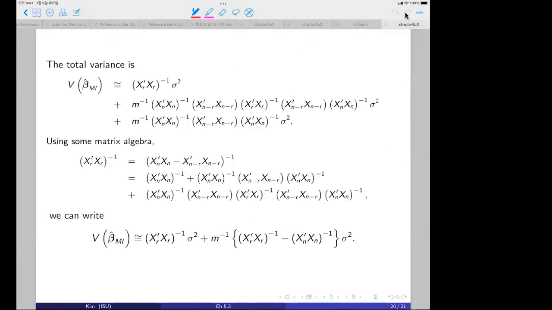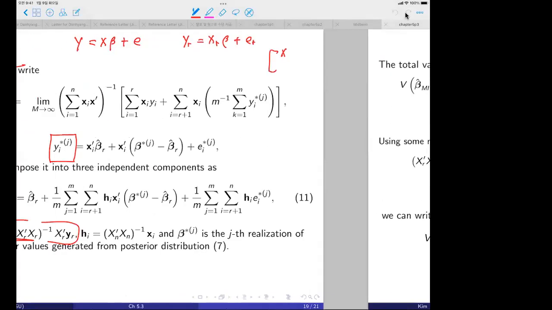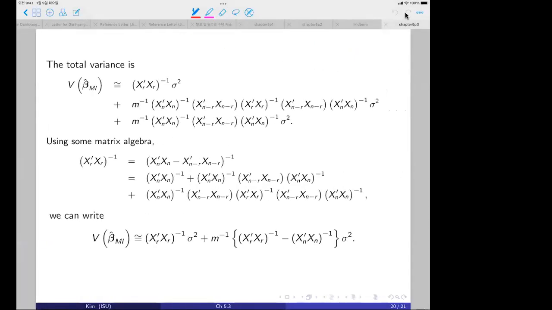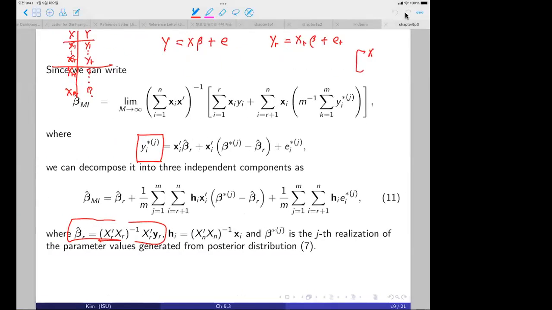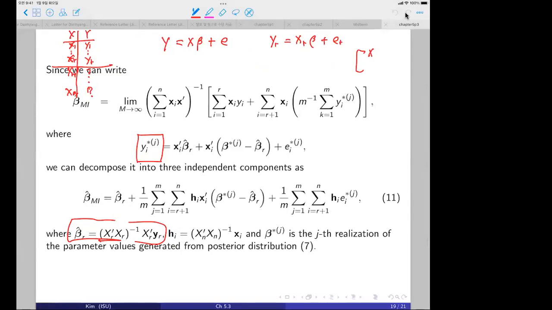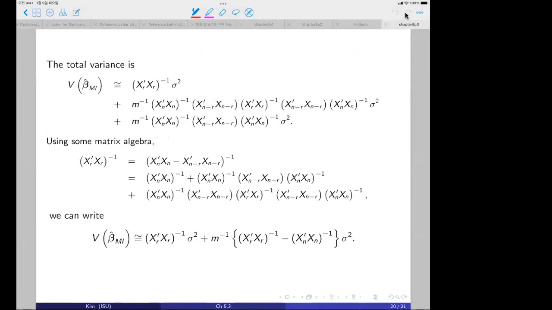But yeah, let's just move on. Then you can do some matrix algebra. Conceptually, this is a linear model, so you have three independent terms, and you should be able to compute the variance. The variance of the first term is this one, the first term here.